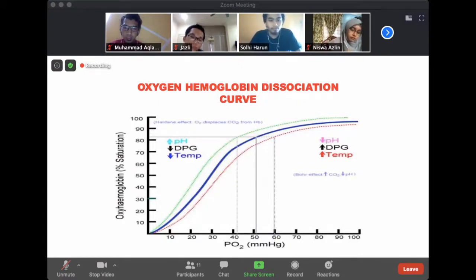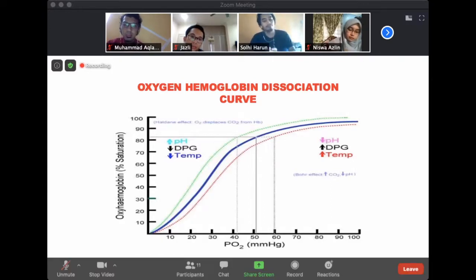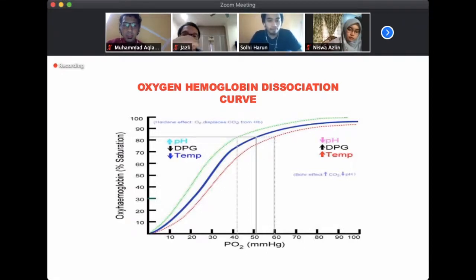Shifted to the left means more affinity to oxygen, so less likely to release oxygen from the hemoglobin. Faham? Increased affinity occurs at low temperature, in infants with low DPG, or with high pH, alkalosis. The oxygen tends to bind stronger to the hemoglobin, so it's more difficult to release the oxygen to the tissue.